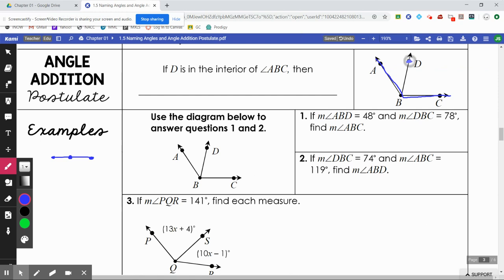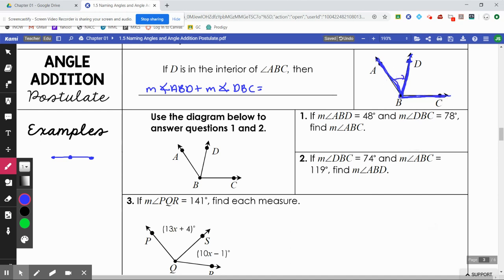So if point D is in the interior, then the measure of angle ABD, when added to the measure of angle DBC, will equal, if I add this measurement onto this measurement, what does that mean?